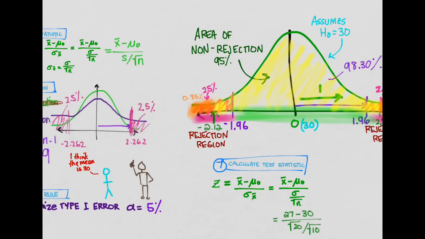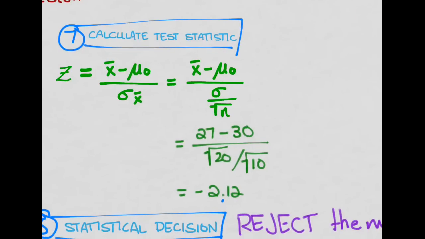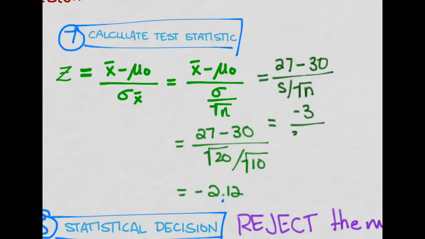Okay, let's calculate our test statistic now. So we'll use this here, and we know that, of course, this is going to be a little bit different, right? We don't know this, but we'll use our estimation. So we have 27 minus 30 over s over the square root of n, which equals negative 3 over s, which we said was 3, over the square root of 10.